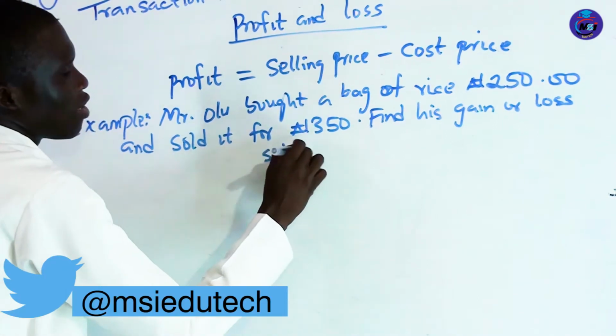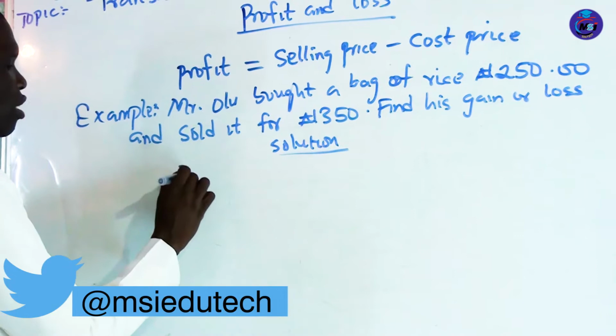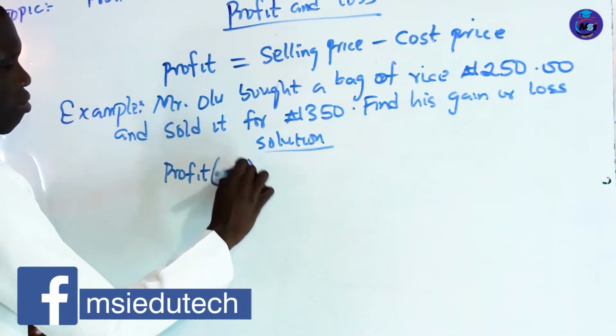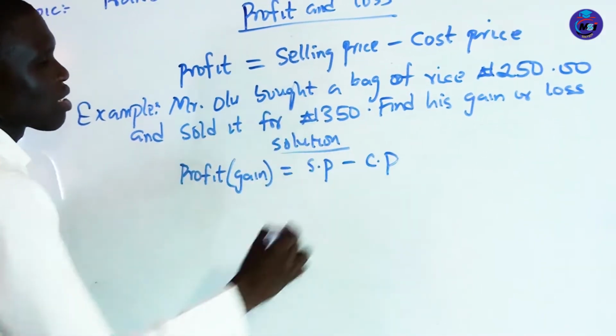Okay, let's quickly look at this. Profit is the same as gain, and is selling price minus cost price.